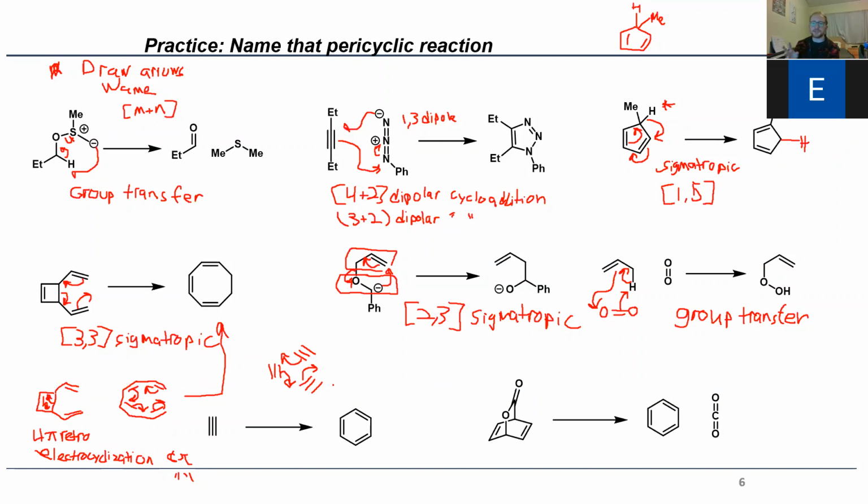And now, since these are 3 distinct pi systems, we'll call this a 2 plus 2 plus 2 cycloaddition.